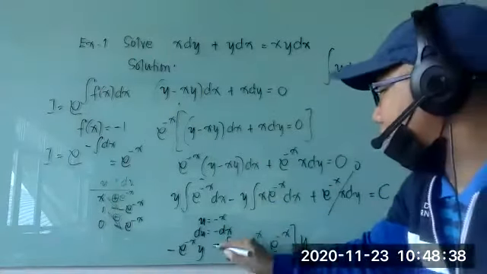And then we multiply this. So magiging x times y equal to c e raised to x. Okay, so that's it. Yan yung solution natin dun sa first problem. Problem natin is x dy plus y dx equal to x times y dx. Okay, any question before we proceed to the next example?